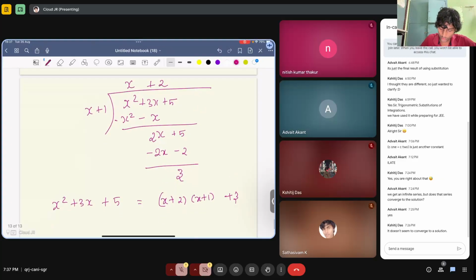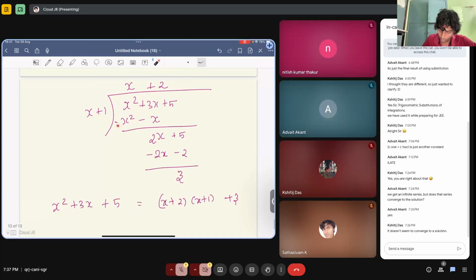If you want to see why I'm subtracting here, if you remember the long division, it's fine. What I'm doing is first I take this term, then I take that term. I'm computing x into x plus 1, and then subtracting it here. When I subtract, I get 2x plus 5.